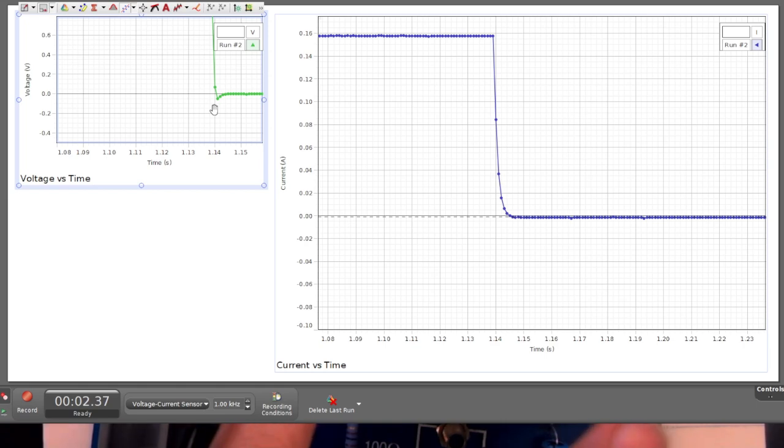It should have been negative, but because of how I hooked it up, it was a positive drop. So when the inductor is the only thing in the circuit, essentially when we take the battery out, then the inductor pushes the voltage, it becomes the battery. So it looks like a negative now because the voltage is going in the opposite direction. But again, it's only for a split second, and if we had a better measurement device, we would be able to see that much more explicitly.